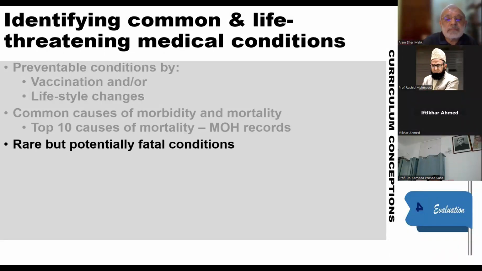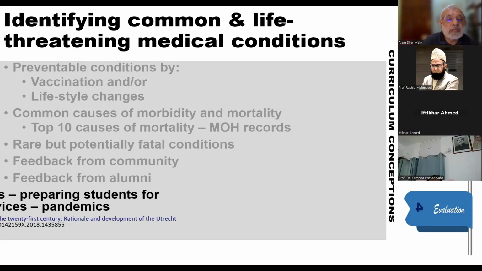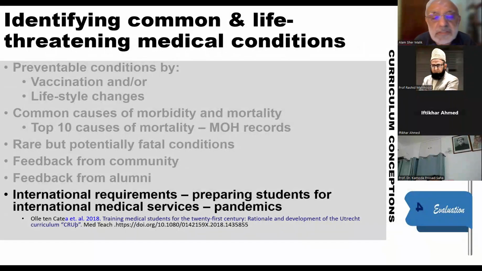Rare but potentially fatal conditions, feedback from the community, feedback from the alumni, and then international requirements, because we need to prepare students for international medical services like pandemics, etc. So while we are working on the first program learning outcome, which requires us to address the common and life-threatening conditions, this is how we would identify them.